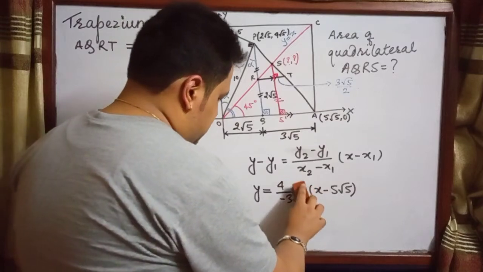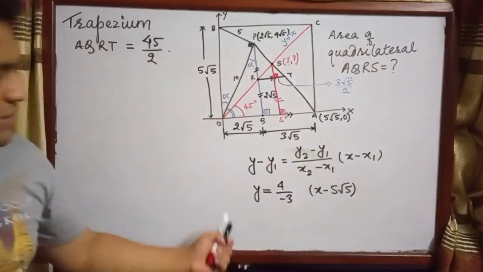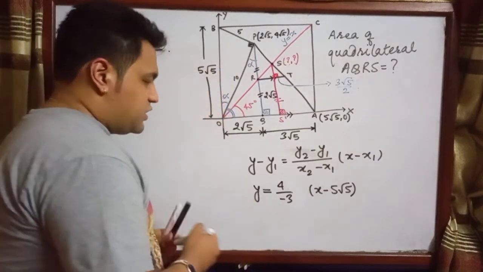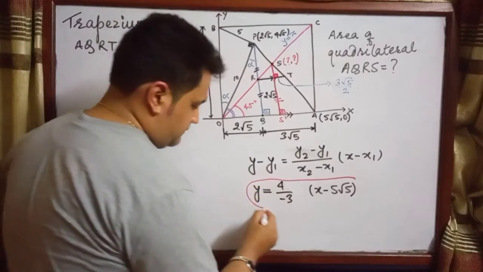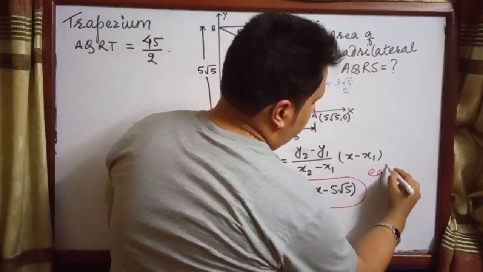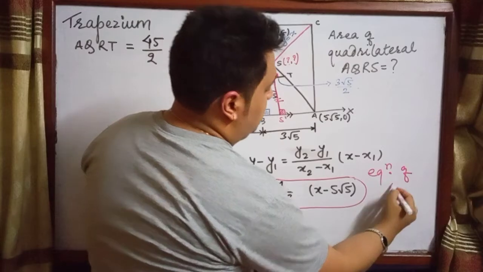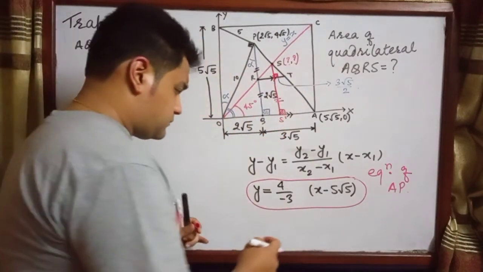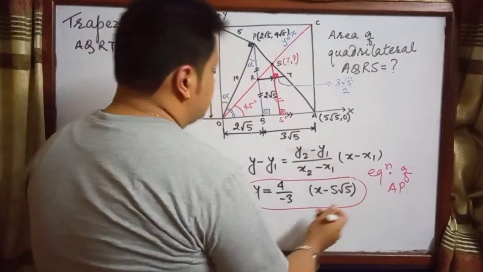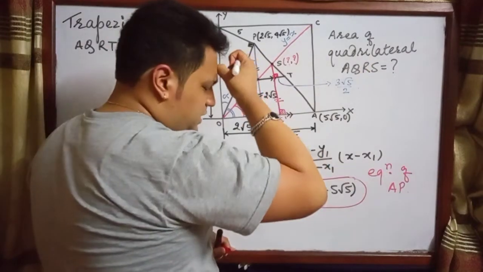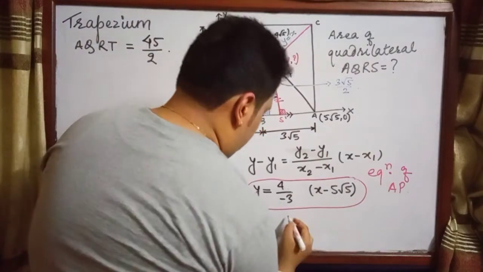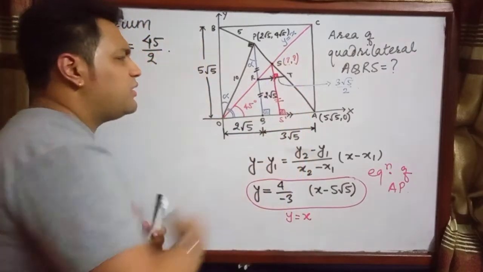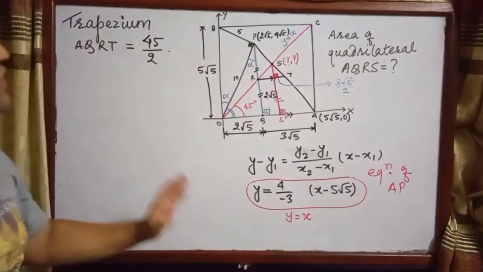We can cancel these out. So this is basically the equation of AP, and we need to solve this and the equation y equal to x, and we simply need the y coordinate. Okay, we solve for y.